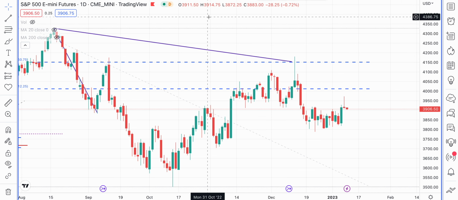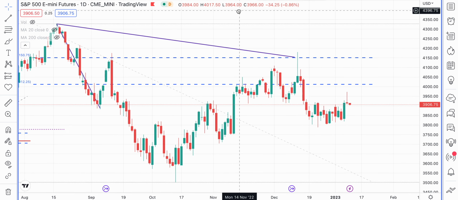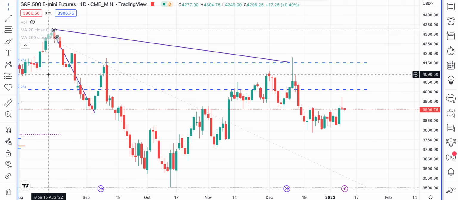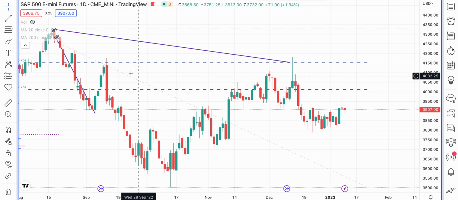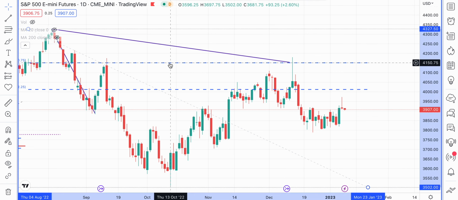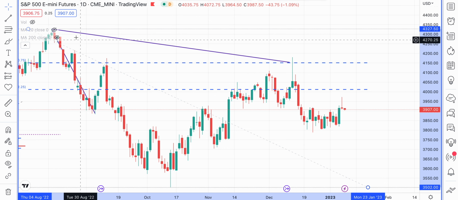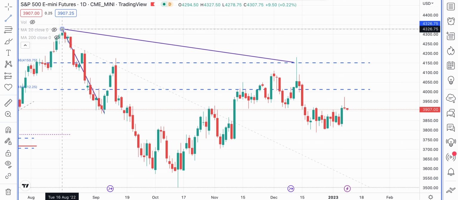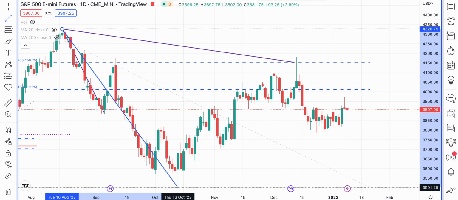So what we're looking at on the chart is data going back to August of 2022, sorry, last year. And what I've drawn here is basically a Fibonacci retracement, let me draw it again for you, going from this high to this low.